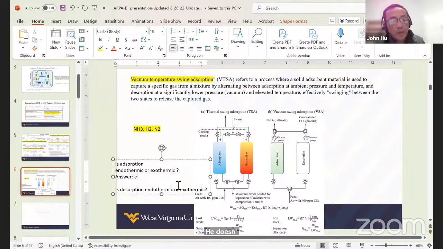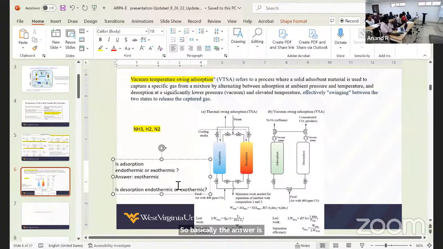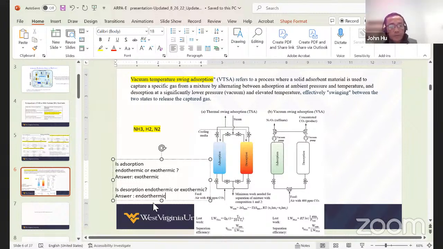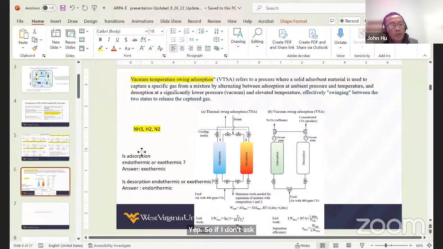So basically the answer is, makes sense, all right? So if I didn't ask you the second question, you would still say the first reaction is exothermic.